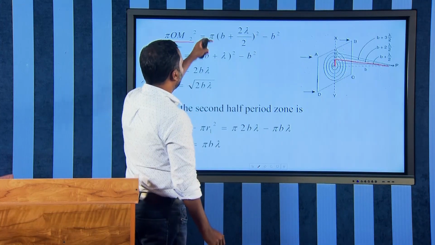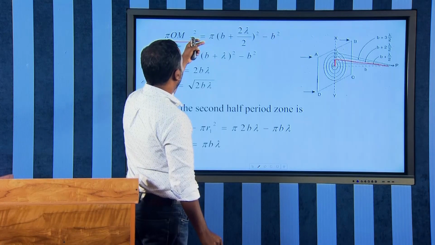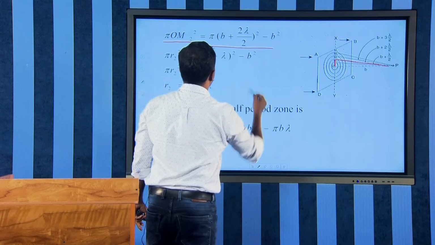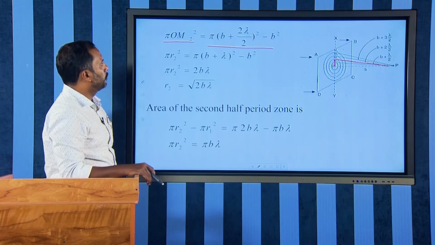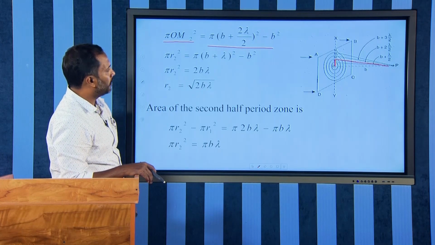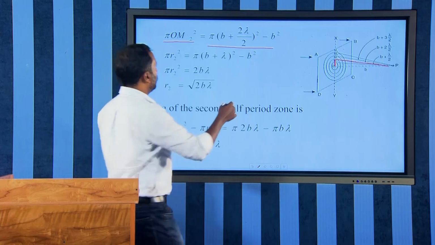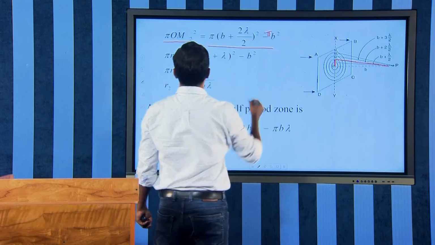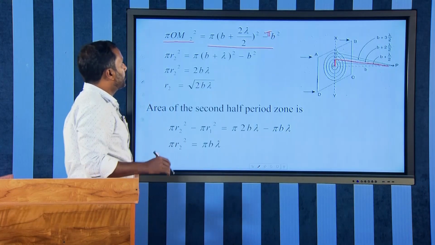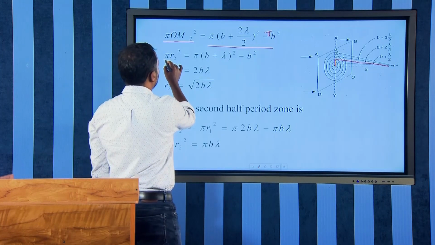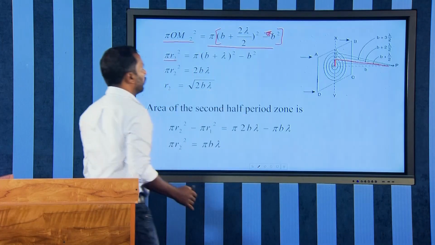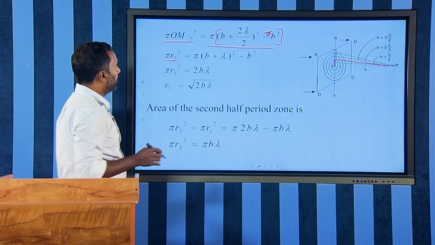The area we can calculate by using this formula, pi into (b plus lambda by 2) whole square minus pi b square, and again pi r2 square. There is a pi term over here, or you can take this as a square root, then there is no need of the pi over here.